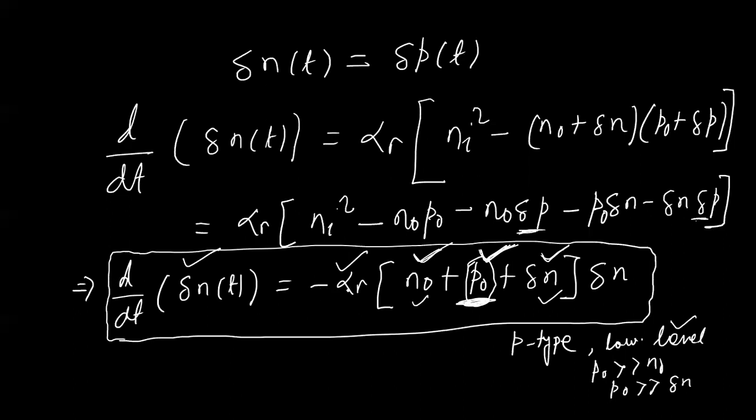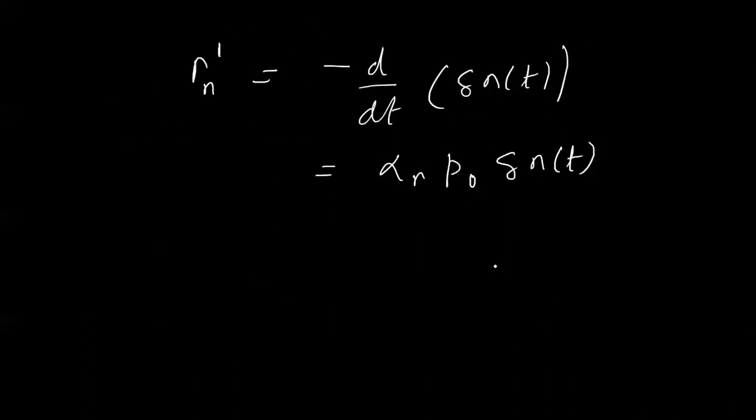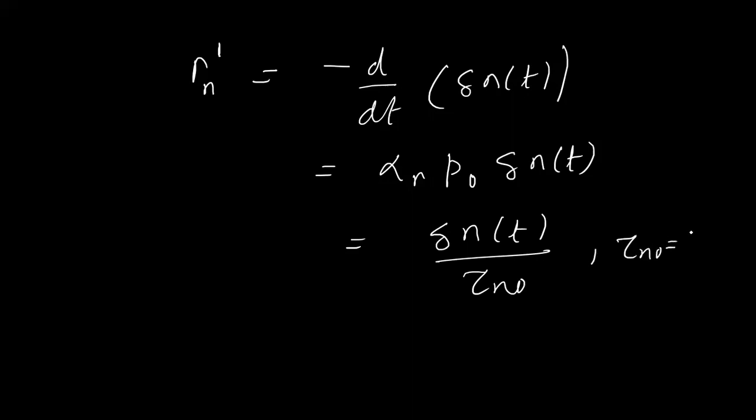So minus minus became plus, alpha r p0 delta n(t), which is delta n(t) divided by tau n0, because we substituted tau n0 as alpha r p0 inverse.